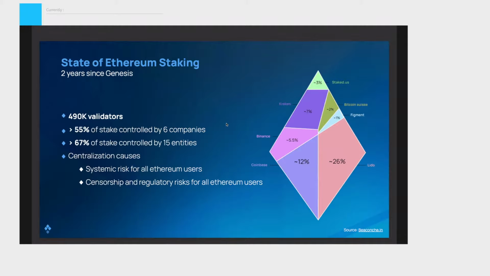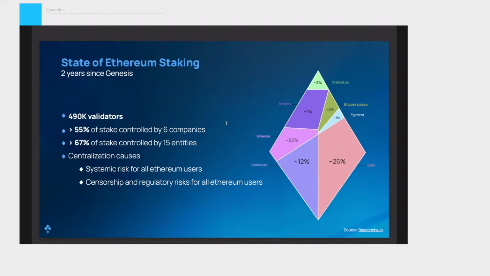And so looking at the landscape, what we achieved from 2 years ago, since Genesis, up until today, there's a lot of things we've achieved as a community, but there's also a lot of challenges going forward.